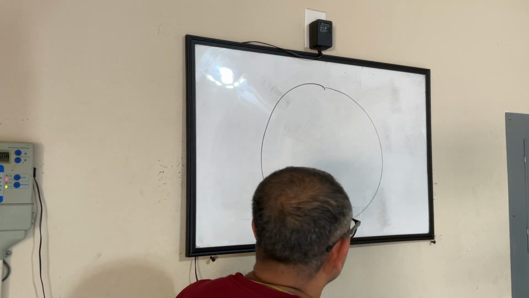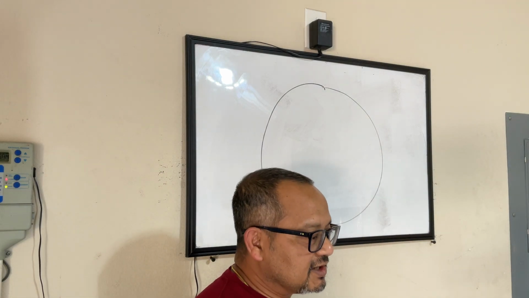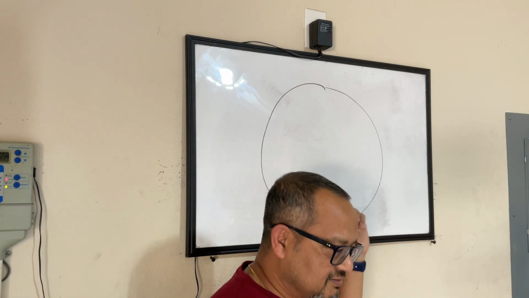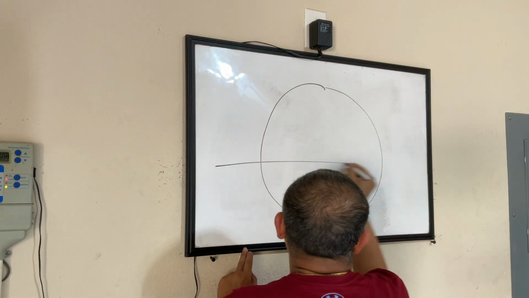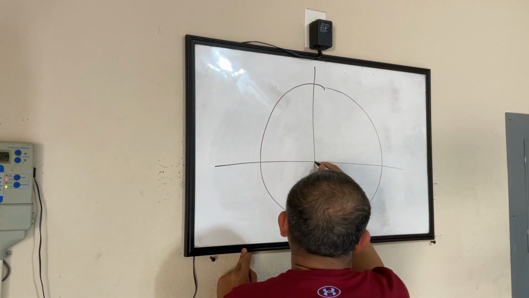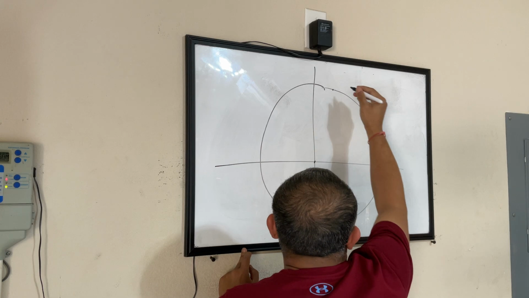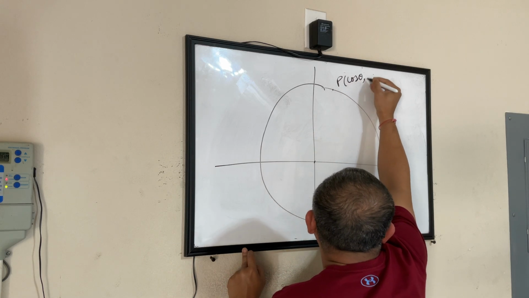Again, this is not a perfect circle, but acceptable. Now, any point on the unit circle, any point on the perimeter you pick up, the x and y coordinates will be cos theta, comma sin theta.